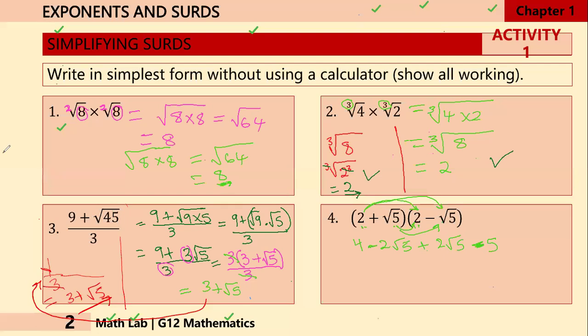So we can move on. Here we can see that these are like terms. Okay, this pen is not clear. Let me use this one. Can you see that these are like terms? Minus 2 root 5 plus 2 root 5. They're going to cancel out each other. So you'll be left with 4 minus 5, which will give us minus 1.